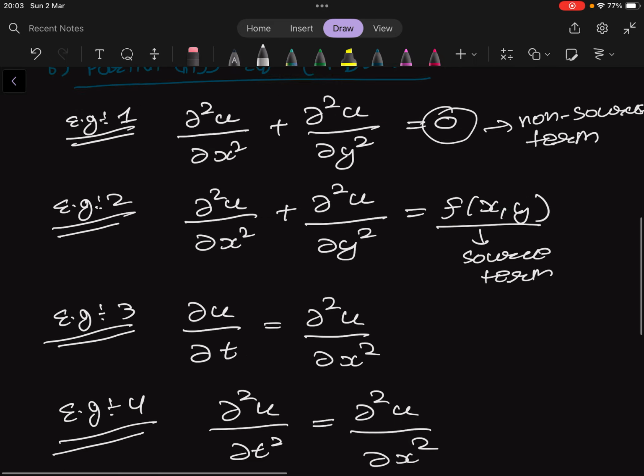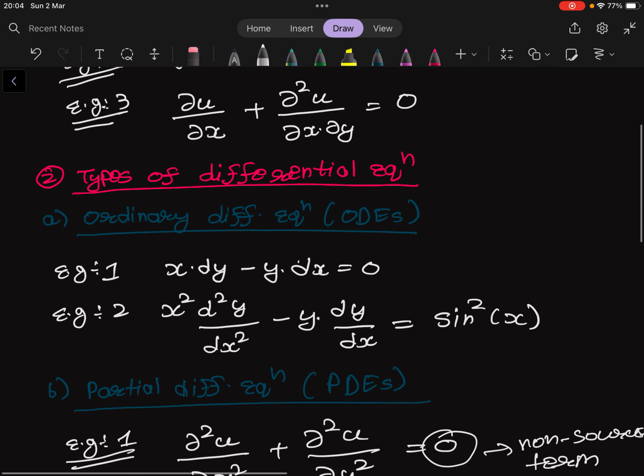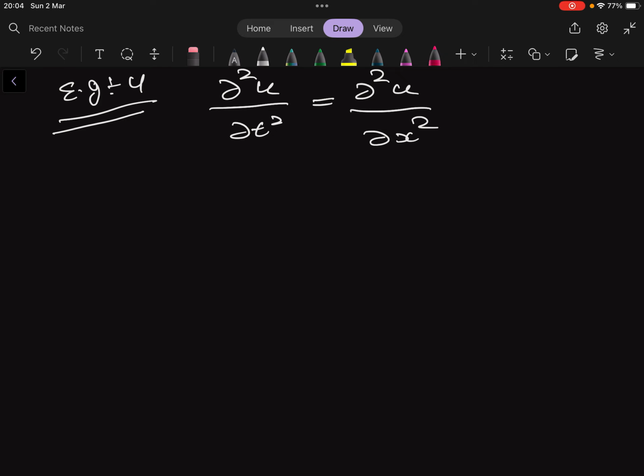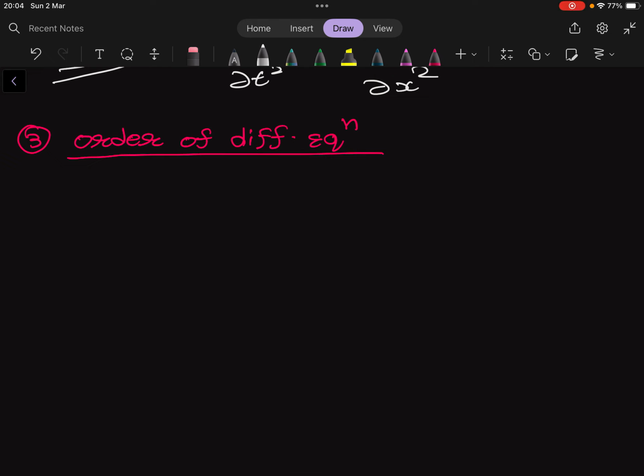Now let's see another basic definition of the differential equation. Let's study the order of a differential equation. So what is the order of a differential equation?